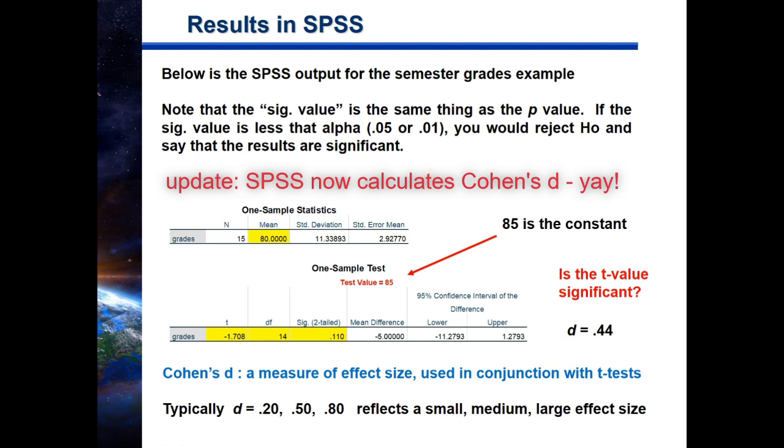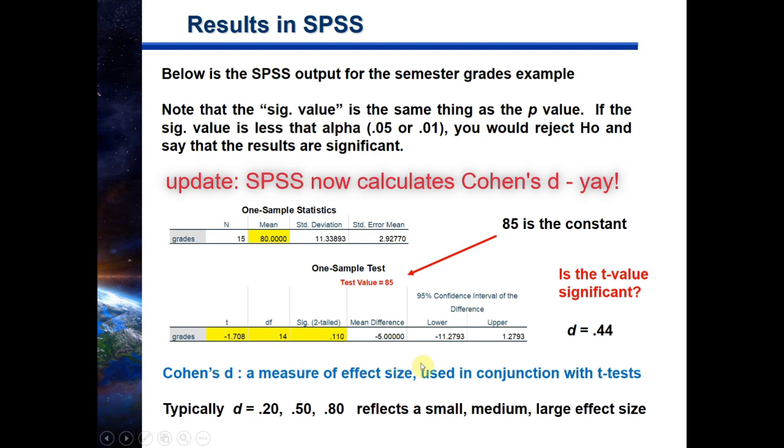The key to using them, though, is you have to use the right Cohen's d formula. That's because there's a Cohen's d formula for the one sample t-test. The formula is different if it's a dependent t-test, and there's a third formula for the independent t-test.